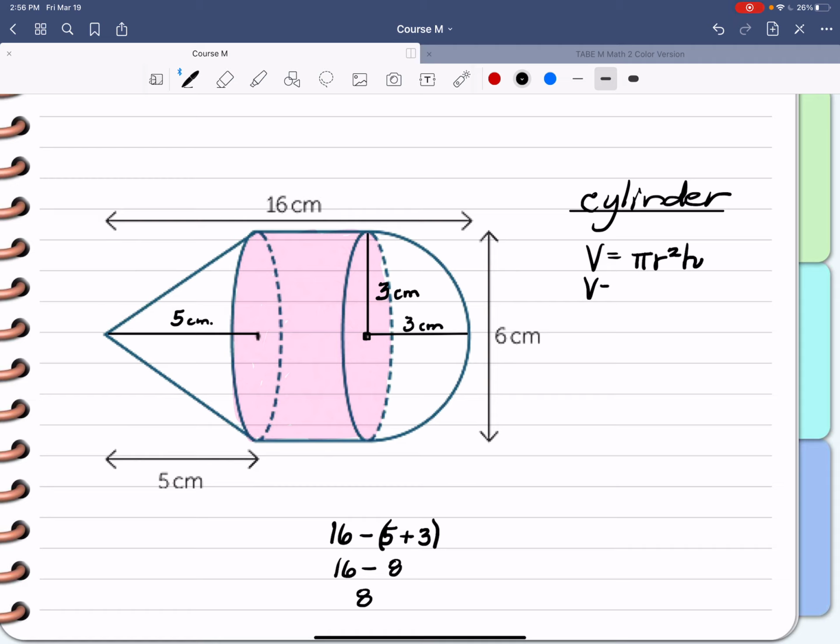So I have volume equals pi r squared, and then the height we found down here is 8. Deal with your exponent. 3 to the second power is 9.